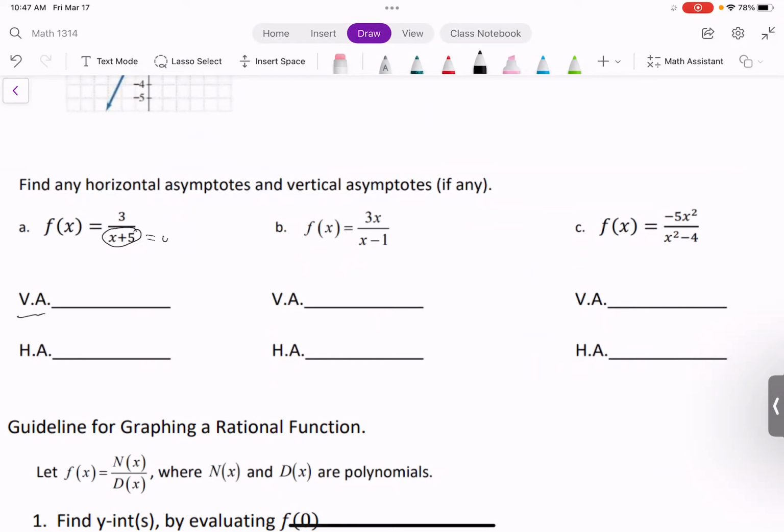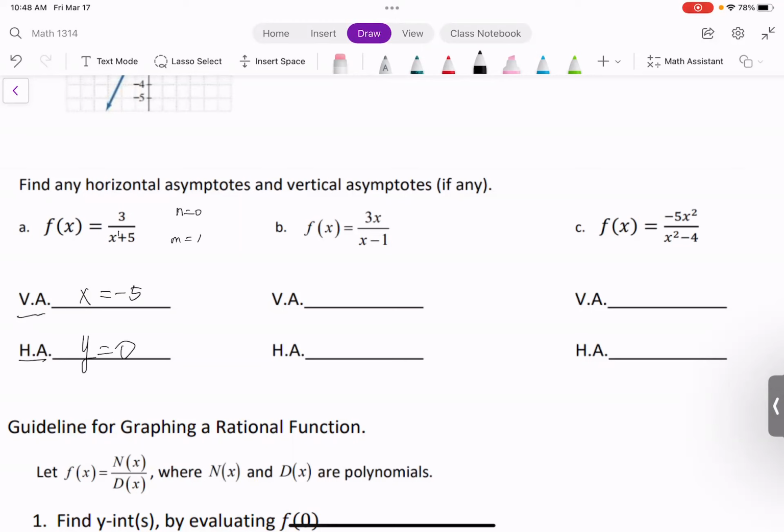Bottom equal to 0, minus 5 both sides, x equals -5. Horizontal asymptotes, compare the degree of top and bottom. The degree on the top is 0, so n equals 0, and m equals 1, because the bottom degree is 1. The bottom one is greater. That means y equals 0.